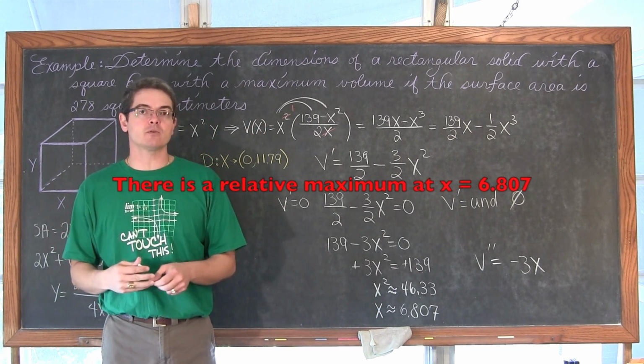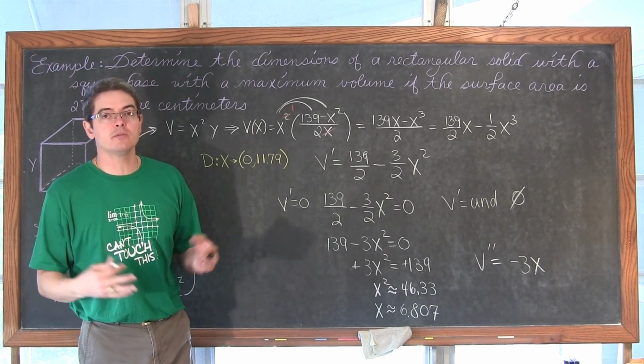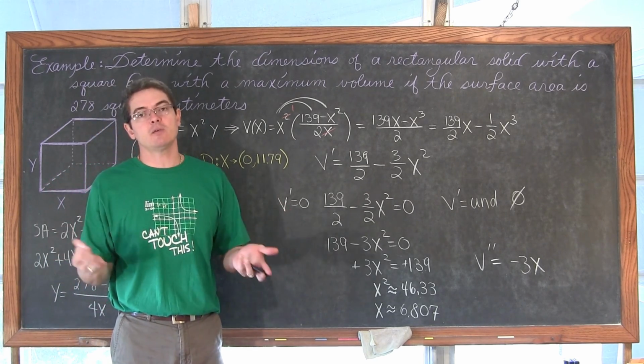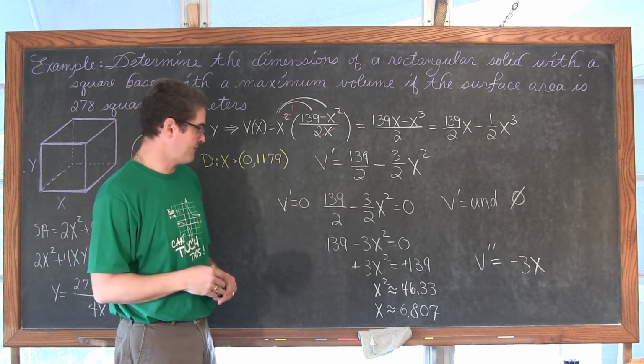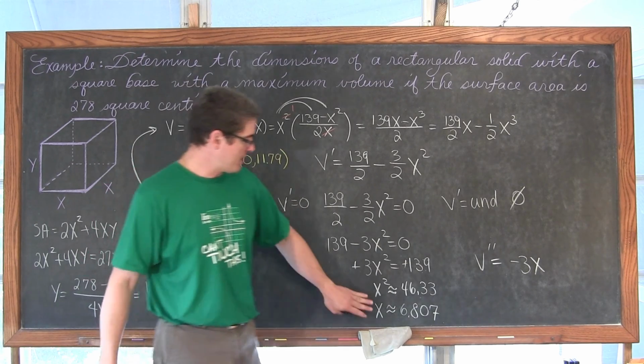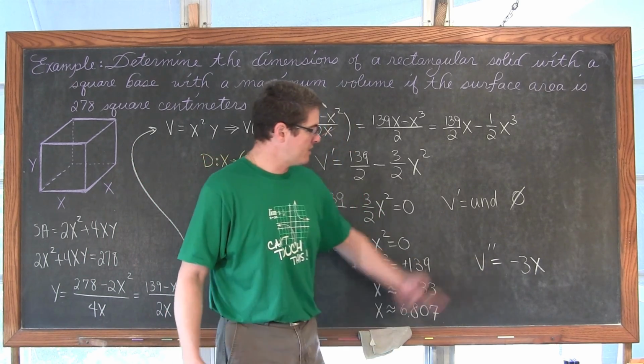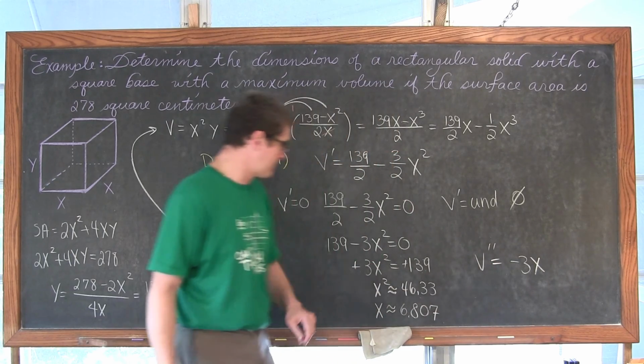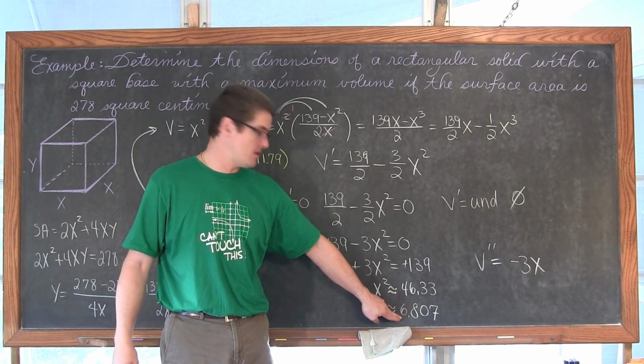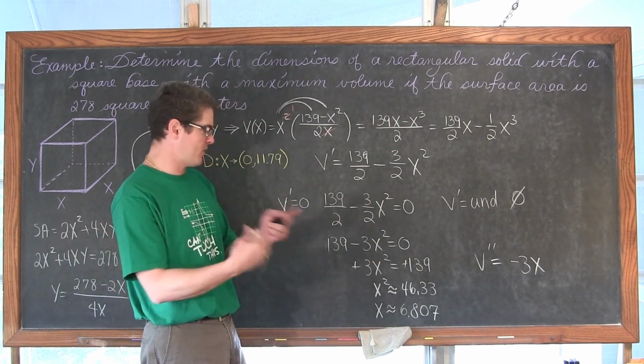And of course, if the second derivative comes up to a value of 0, then it's not really telling us anything. We'll have to revert back to the first derivative test. However, we can see that the solution is x equal to 6.8.